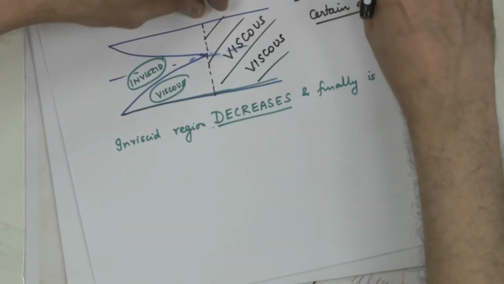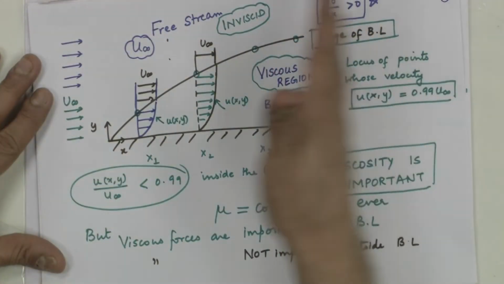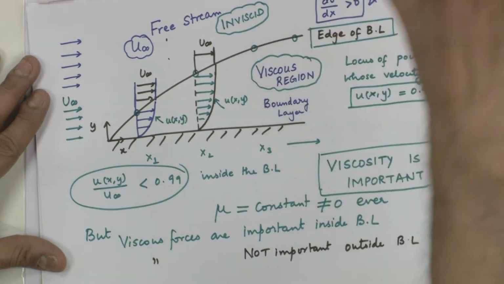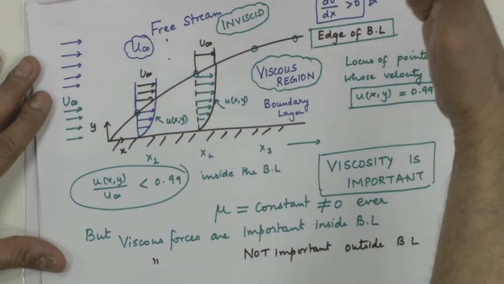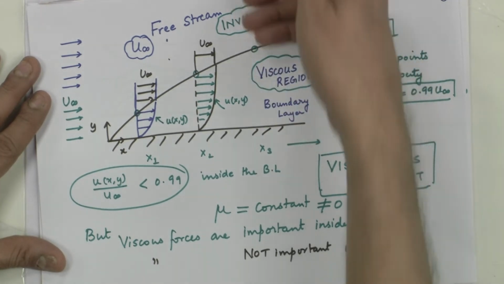I hope you are able to appreciate this difference here. No matter where you are in the flow, the flow field is segregated into two regions. The edge of the boundary layer creates this demarcation, viscous region here, inviscid part above it.